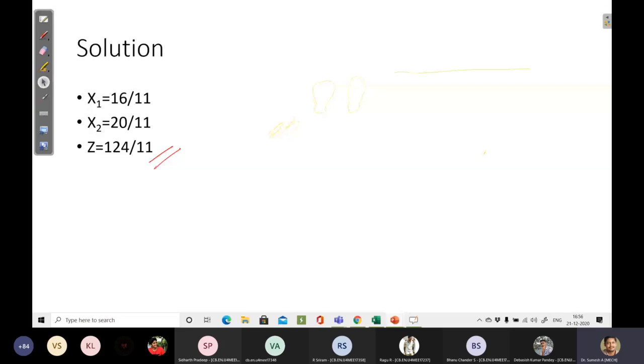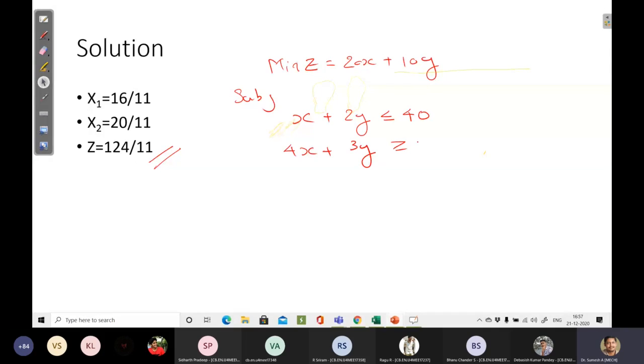I'm just writing a problem over here. You can try. Minimize z equals 20x plus 10y, subject to the constraints x plus 2y less than or equal to 40, 4x plus 3y greater than or equal to 60, 3x plus y greater than or equal to 30, x, y greater than or equal to 0.